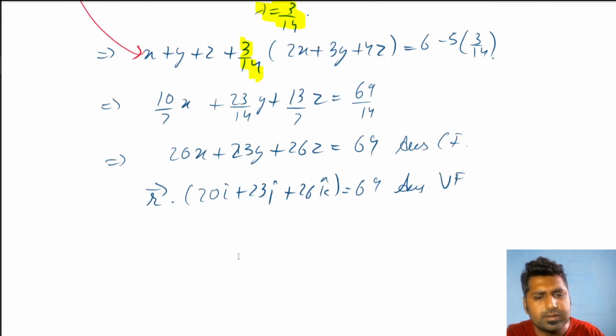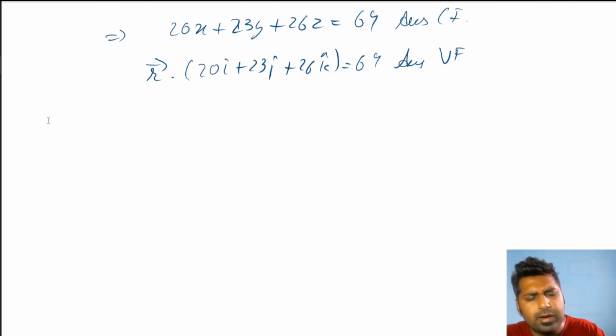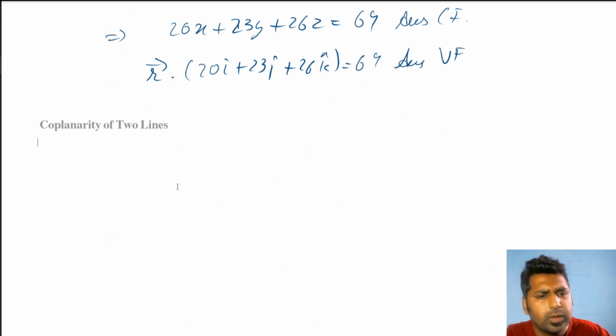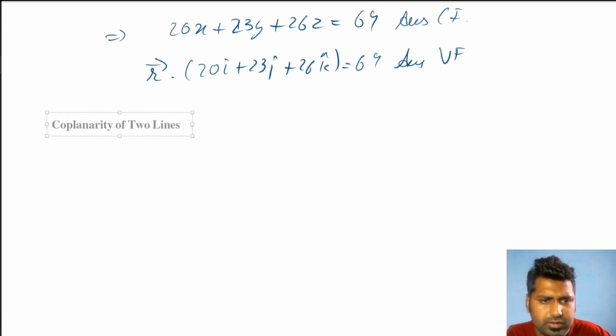Coplanarity of lines. Remember we discussed skew lines, the lines which were not parallel but still not intersecting, because they are in 3D. Now there is a possibility that two lines may lie on the same plane. So what is the equation of a line?